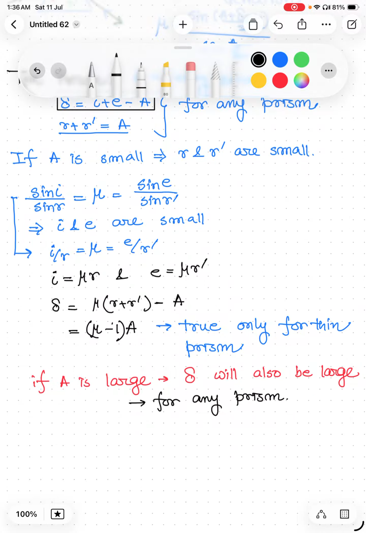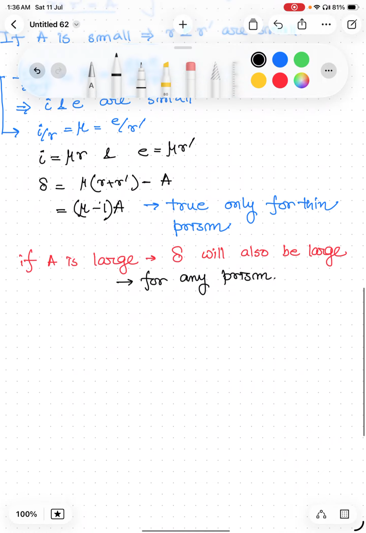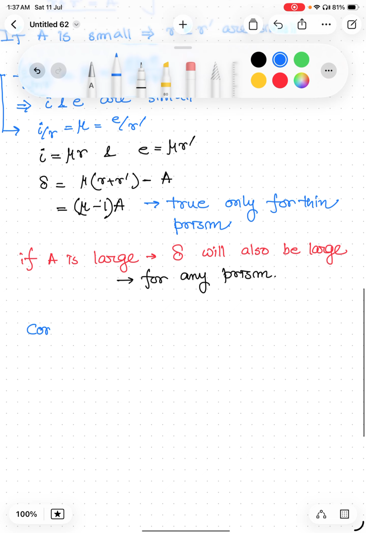Now we are going to think of the lenses as a combination of prisms. What does that mean? Let us start with the convex lens. So let me draw the convex lens. We have this, we have this. Now we are going to divide this convex lens into small parts.